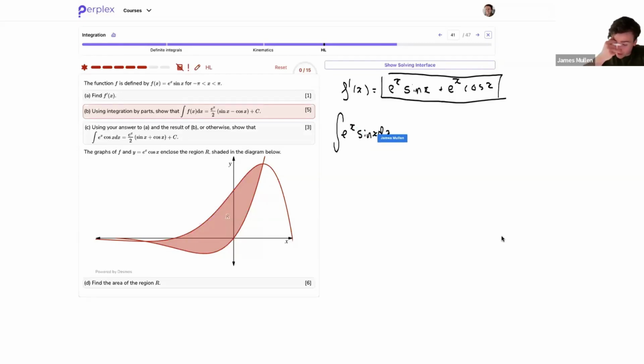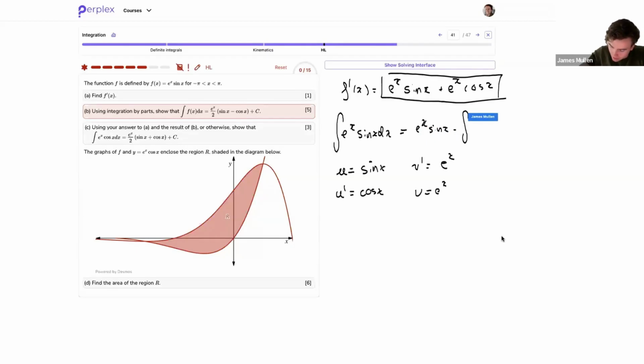I can let u be equal to sin of x and v prime be equal to e to the x, so that u prime is equal to cos of x and v is equal to e to the x. And therefore, this integral is going to be equal to e to the x sin of x minus the integral of e to the x cos of x dx.